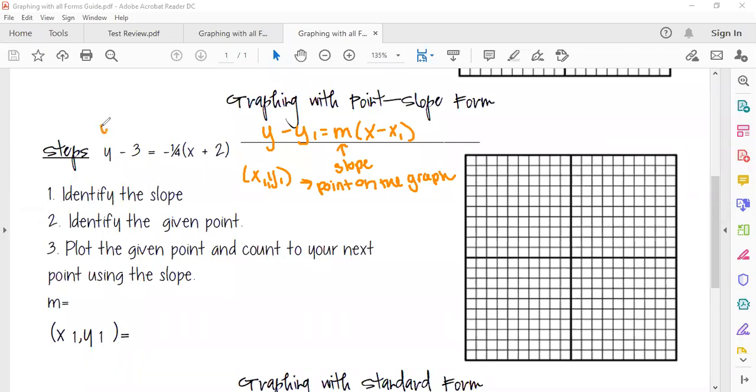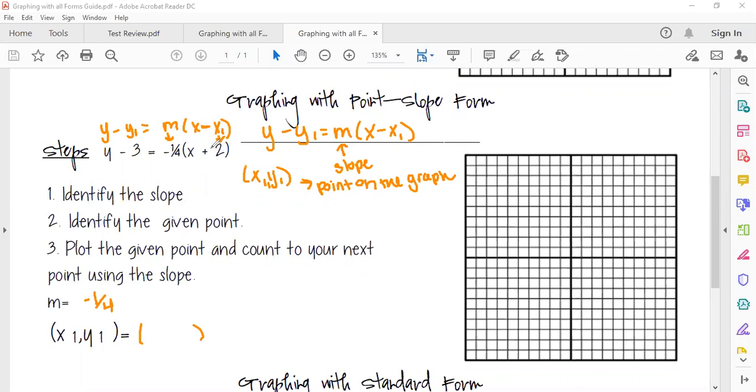If we line these up, y minus y1 equals m times x minus x1. M is pretty straightforward: m is negative 1/4. x1, y1 is a little bit trickier. What's in the place of x1 looks like a positive 2. This is the trickiest thing about point-slope, but it is actually a negative 2, because my original formula is minus x1.